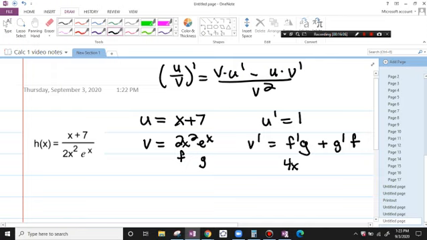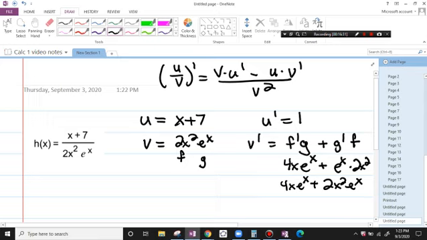The derivative of f, so if f is 2x squared, the derivative of f is 4x. If g is e to the x, the derivative of e to the x is e to the x. I'm sorry, we don't need the derivative, it's just g here. But we do need the derivative of g here, and that's e to the x times f, which is 2x squared. So this is 4x e to the x plus 2x squared e to the x.